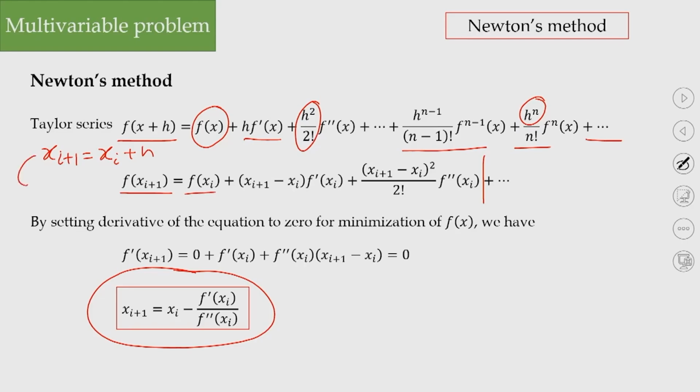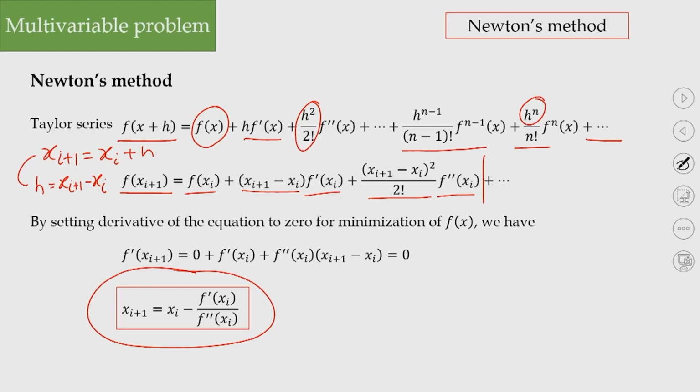From here I can write h equal to x i plus 1 minus x i. So, f of x i plus 1 equals f of x i plus x i plus 1 minus x i times the first derivative at x i, plus x i plus 1 minus x i whole square divided by factorial 2 times the second derivative at x i. Now, I would like to find out the optimal solution.